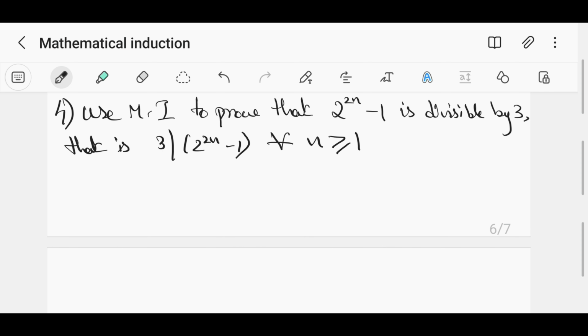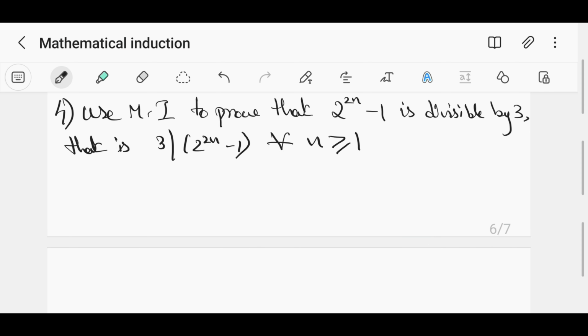Let us follow the same procedure as before. I repeat once again. Here we will write the statement S of n first. Step 1, in place of n we will substitute 1 and we will show that S of 1 is true. Step 2, inductive step, we will assume that n is equal to k, that is S of k is true for k greater than or equal to 1.